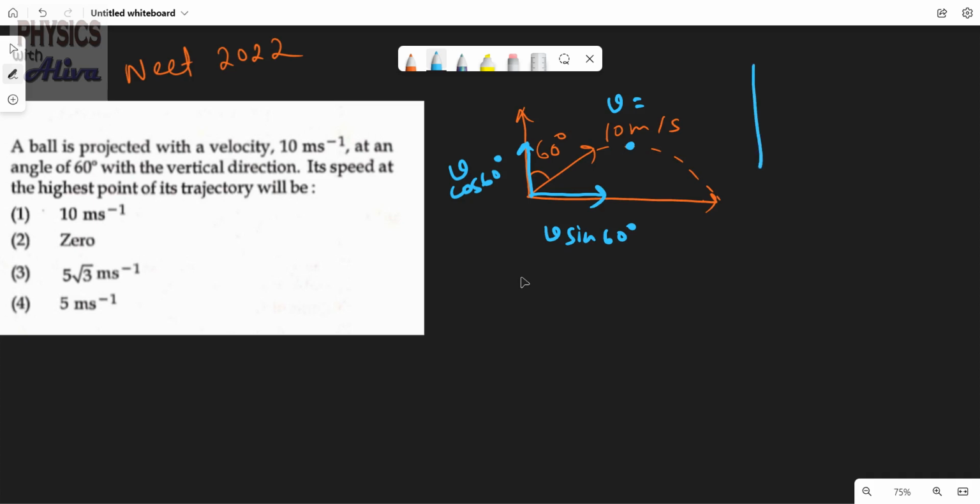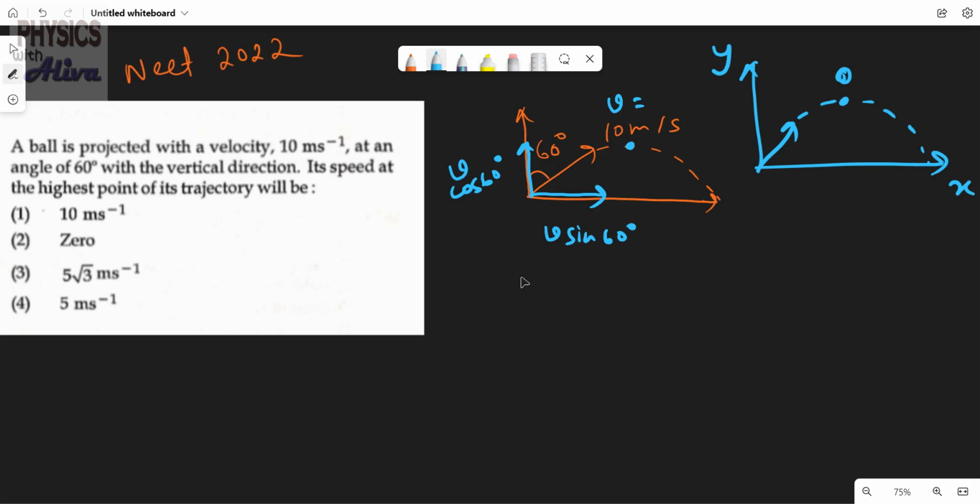When we are throwing the ball in this direction, the ball is following the path. Suppose this point O is the highest position. Why are we calling the position O the highest position? Because after reaching the position O, the ball is not going in the y direction. This is the highest point in the y direction, right?